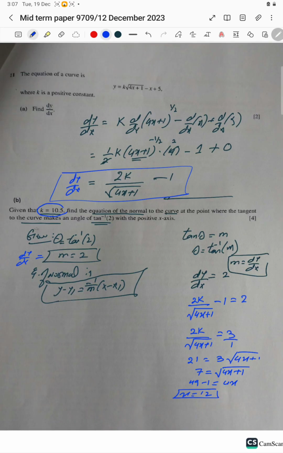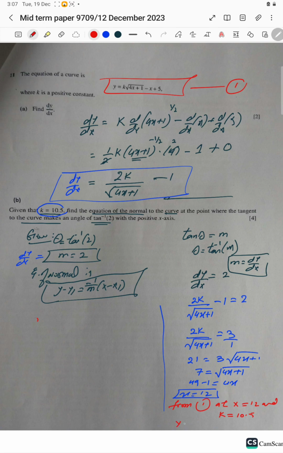Here now we need to proceed. Okay, x is 12. Now what will be the y, because I need y as well. So from equation 1, at x equal to 12 and k equal to 10.5, I will put the values and replace x and k in 1 in the calculator.